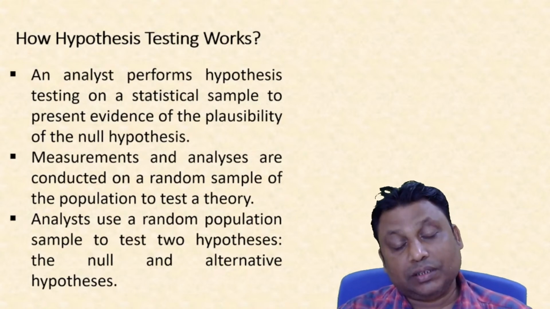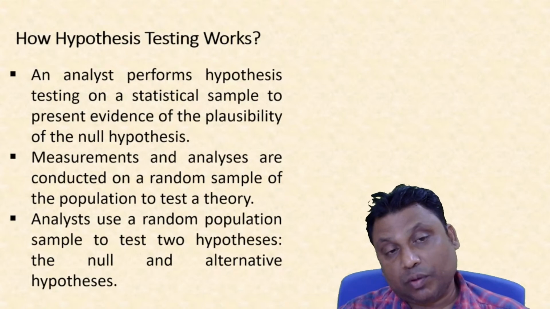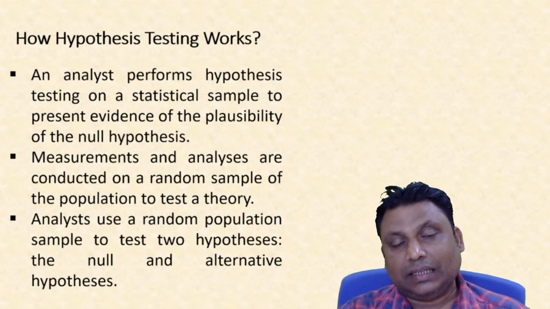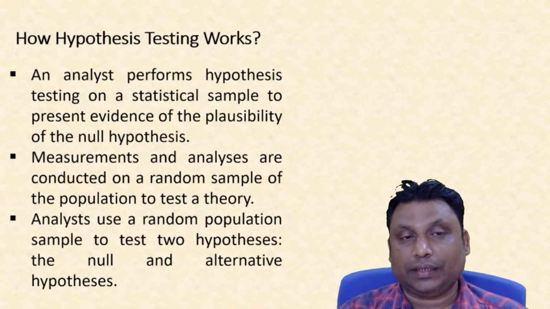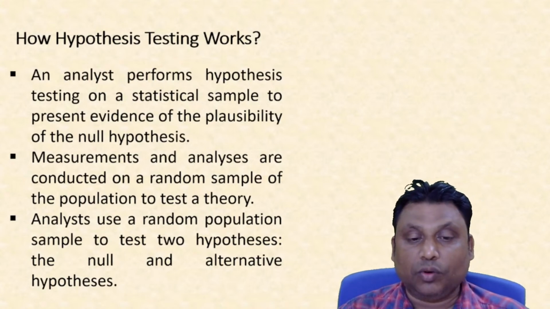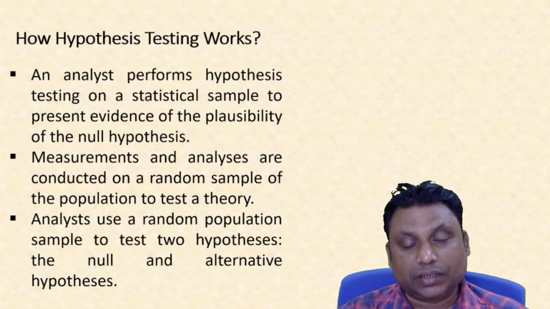We can find the hypothesis from your objectives. After finding the hypothesis from the objective, for each hypothesis we have to take two alternatives or two assumptions. One assumption, already discussed, is the null hypothesis, and the other is the alternative hypothesis.